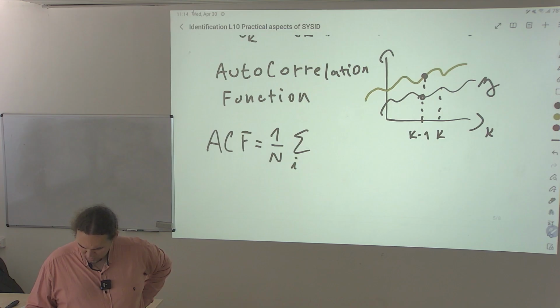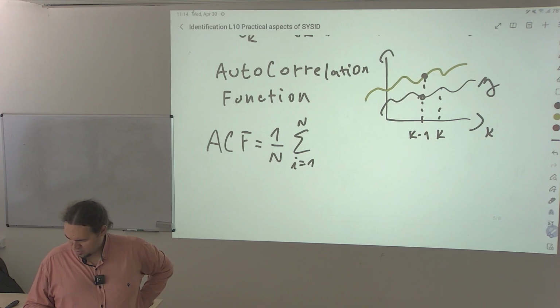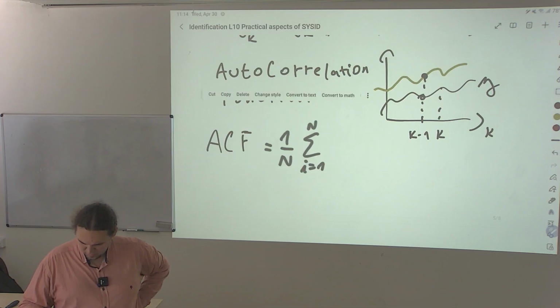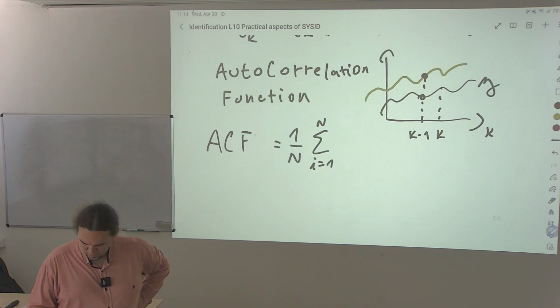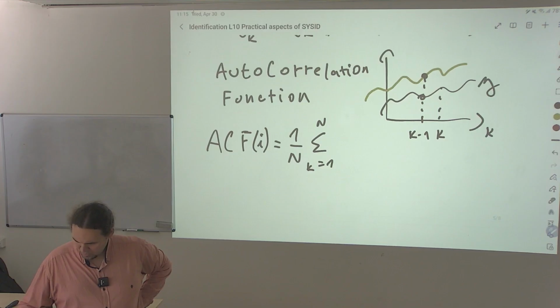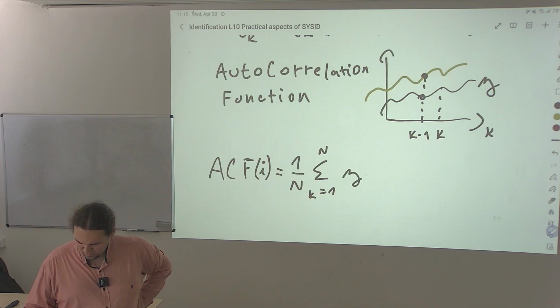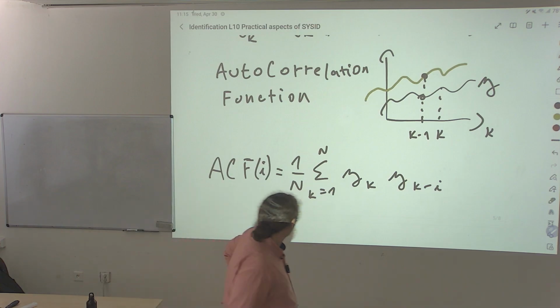Mean, and now we are summing, i goes from 1 to n, of y of i times y of k minus i.